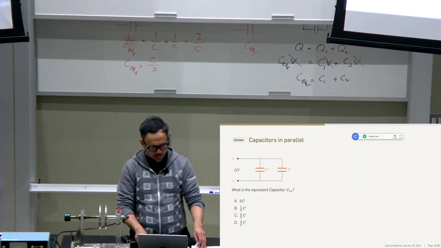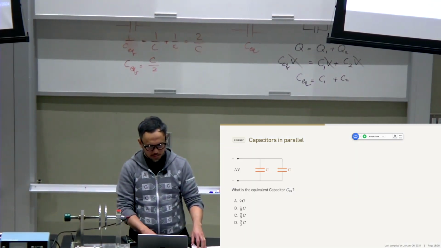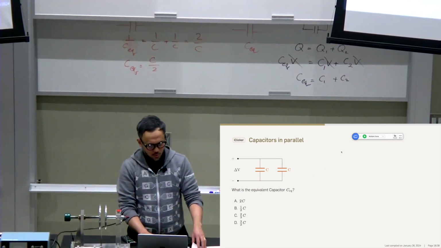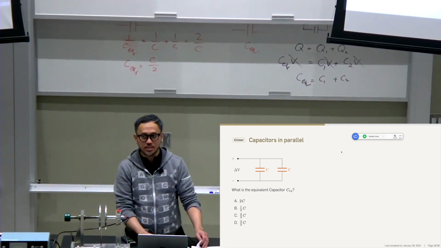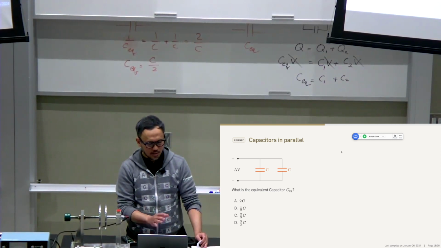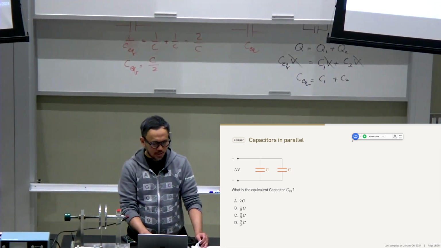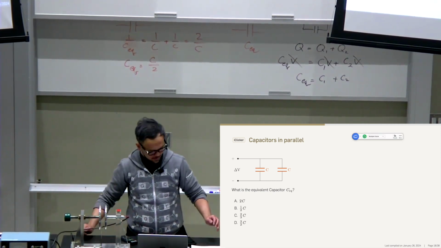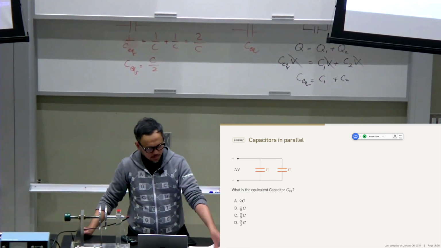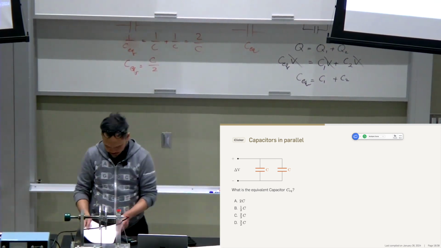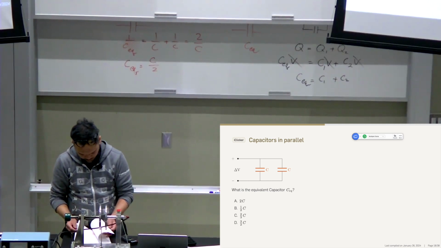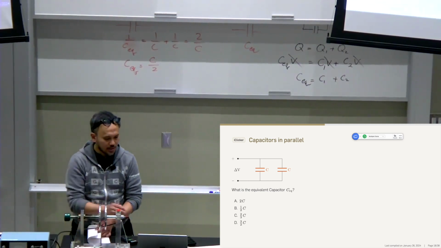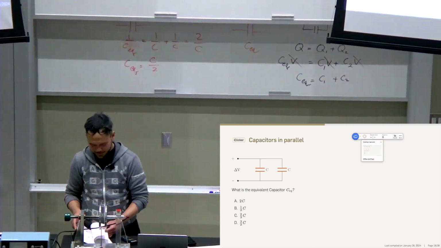Okay, so this is a sample question. We have two identical capacitors, C. They are connected in parallel. What is the equivalent capacitance? So it's really straightforward, 30 seconds. Oh, I haven't started it? Sorry, thank you.